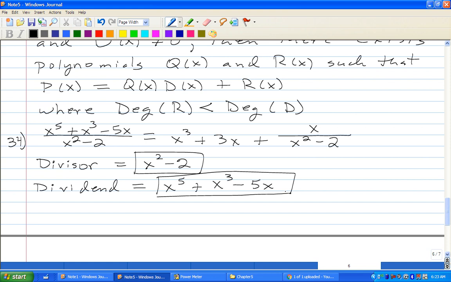The quotient is the result which I get, x cubed plus 3x. So that's the result after dividing.